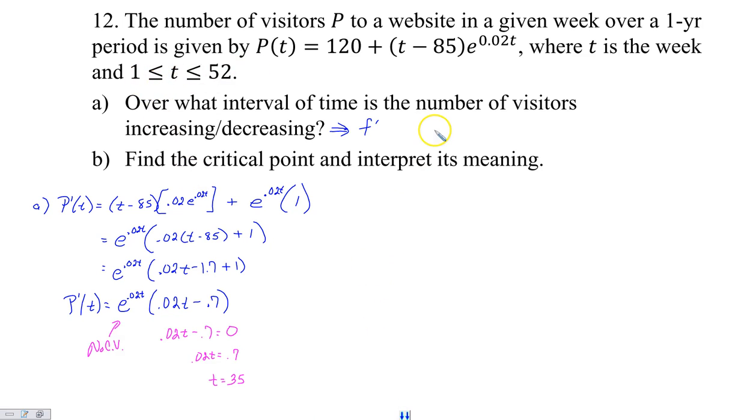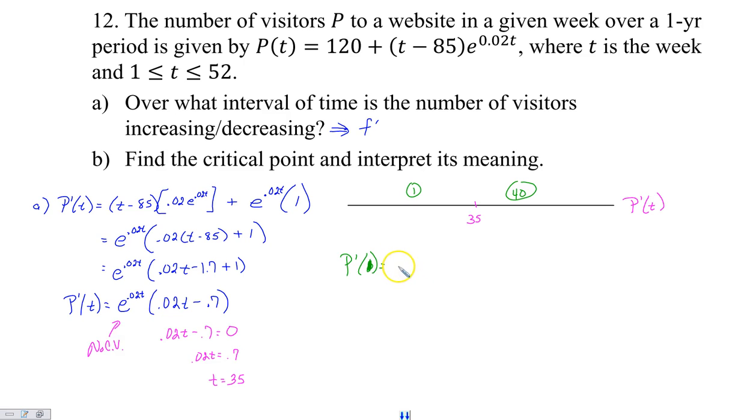Okay, and so now we're going to put that on our number line, and we're going to talk about what this actually means. So my P prime here, this is my first derivative number line, 35 is going to go over here. Values in either interval, 1 is fine over here, 40 is good over here. It doesn't really matter as long as you plug something in. So I'm going to evaluate not at 0 but at 1.